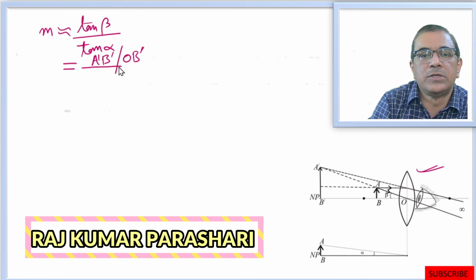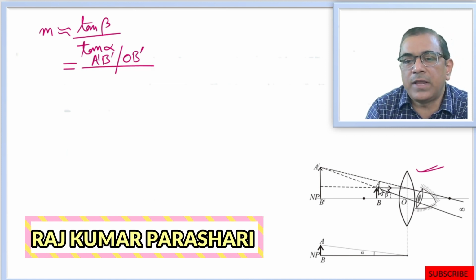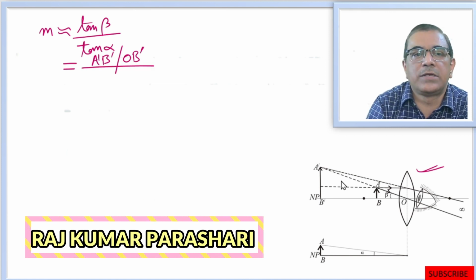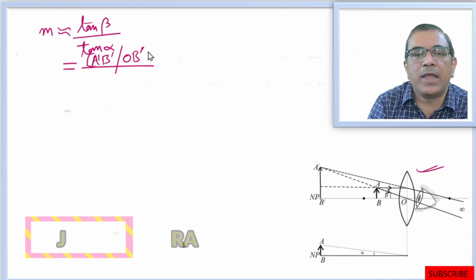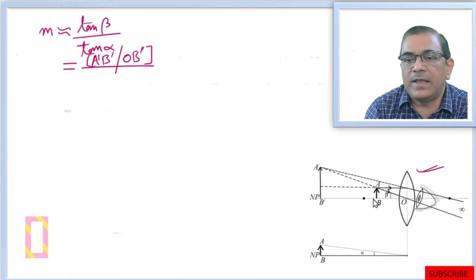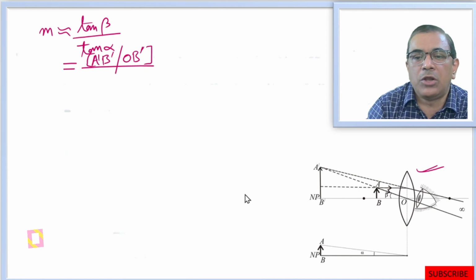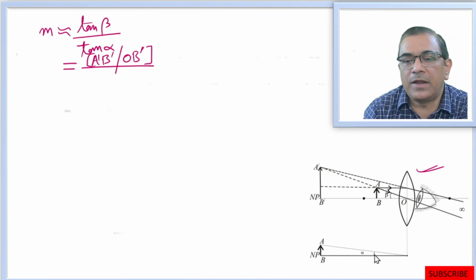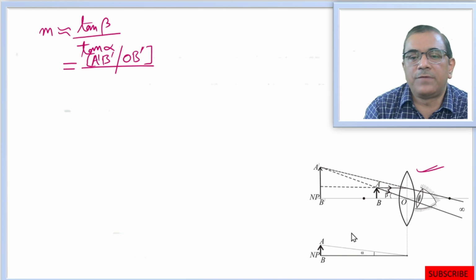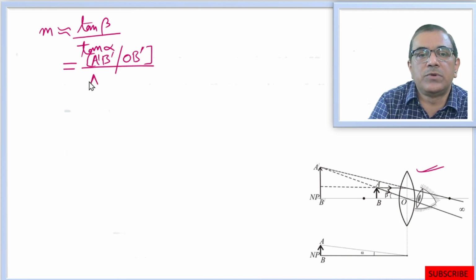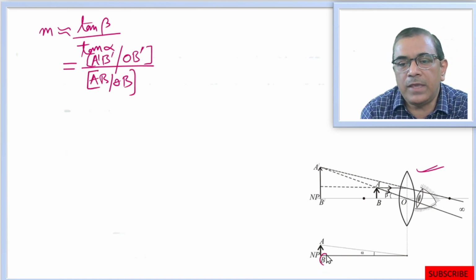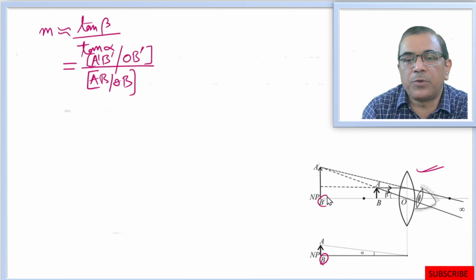I had a choice of writing tan beta equals AB by OB, but I wanted to write this in context with the image, and that is why in place of AB by OB, I preferred A dash B dash by OB dash. Now how much is tan alpha? I will calculate it from this diagram. This is equal to AB by OB. And this point B in fact coincides with this point B dash.